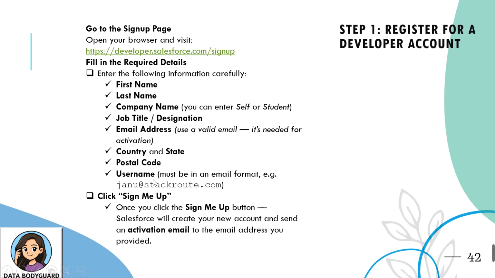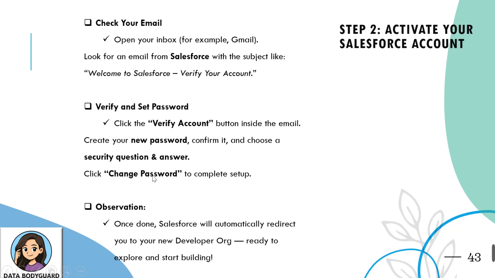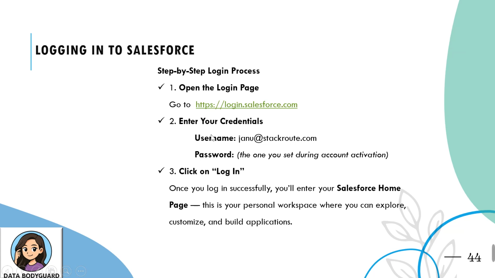And while verifying and activating, you gave a new password. So that username and password you have to provide. Then you have to click on login. Once you log in, we will get the Salesforce page. Okay, this is how the flow will be.